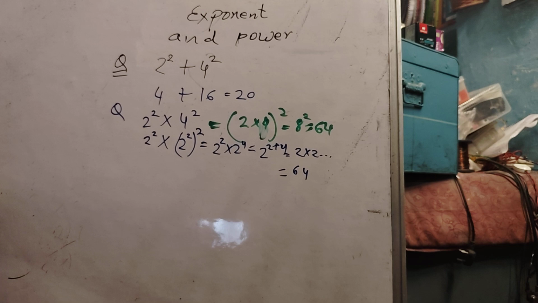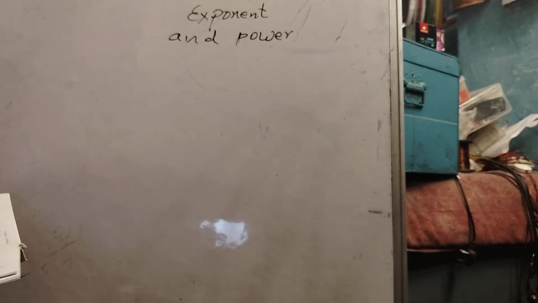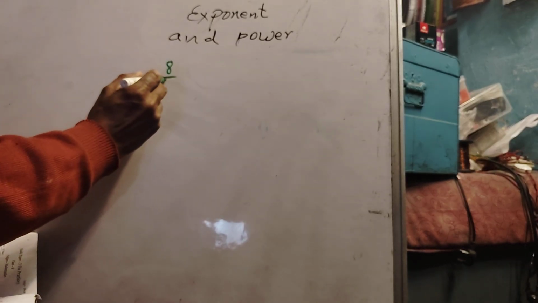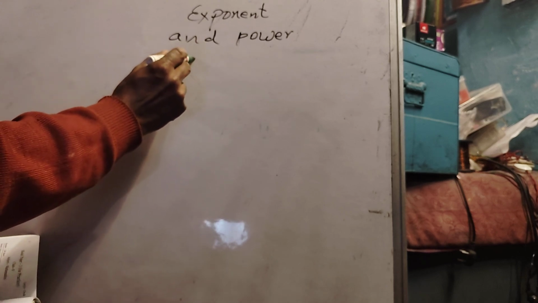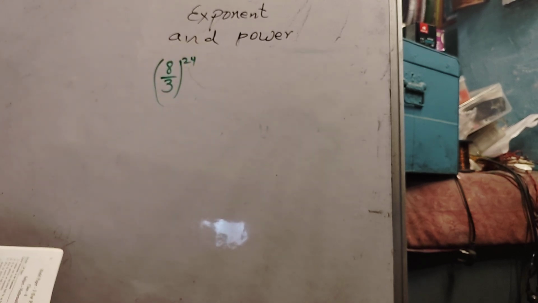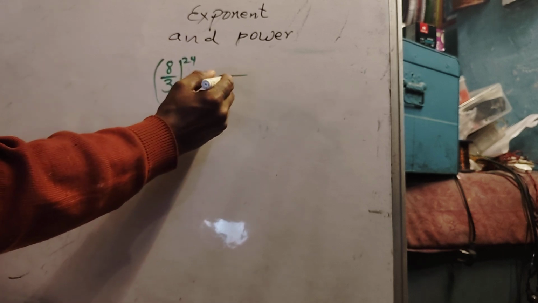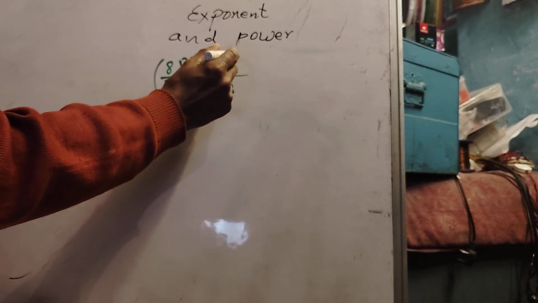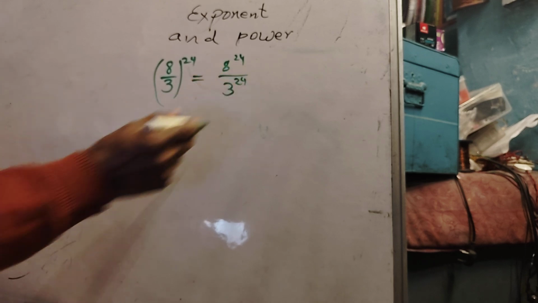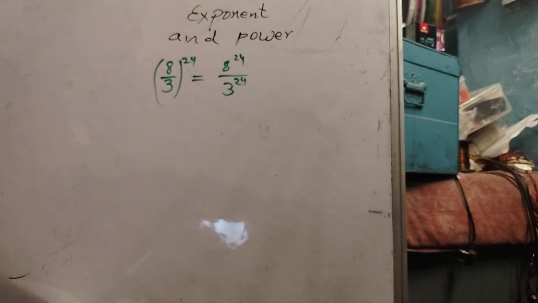Next our problem is 8 over 3 whole power 24. Can you say what is the power of 8 and what is the power of 3? We separate out this 24 power, so it applies to both numbers: 8 power 24 and 3 power 24.